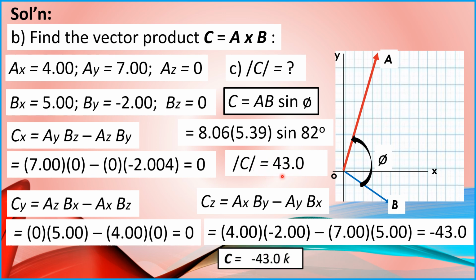The cross product, labeled capital C, has a magnitude of 43.0 units, and using your right hand rule, we see that its direction is towards the negative z axis. So that's it. We are done with our computation and interpretation of our answers to question number 2.